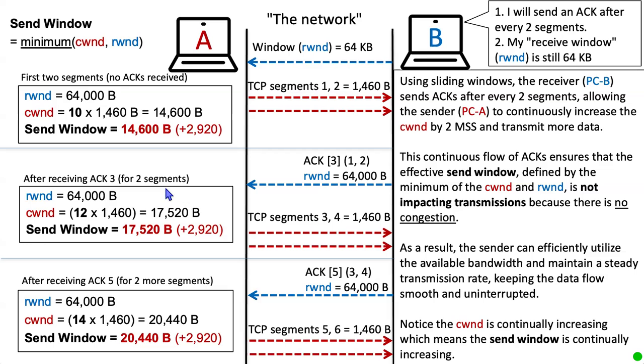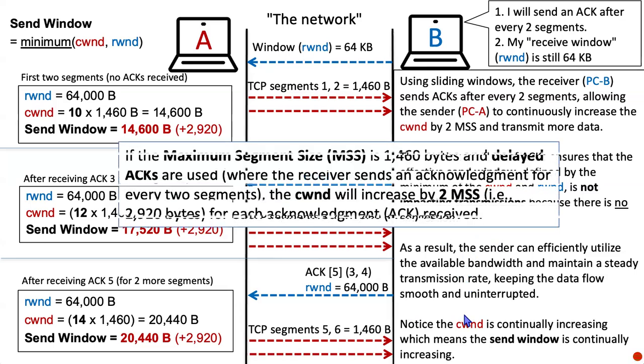And again, notice that the congestion window is continuously increasing, which means the send window is continuously increasing. But as long as PCA hasn't reached that last byte, it's sending segments in flight while it's waiting for acknowledgement. So there's no stop and wait happening here.